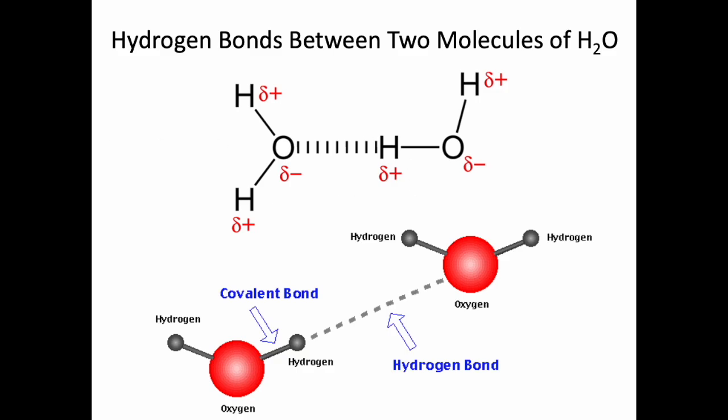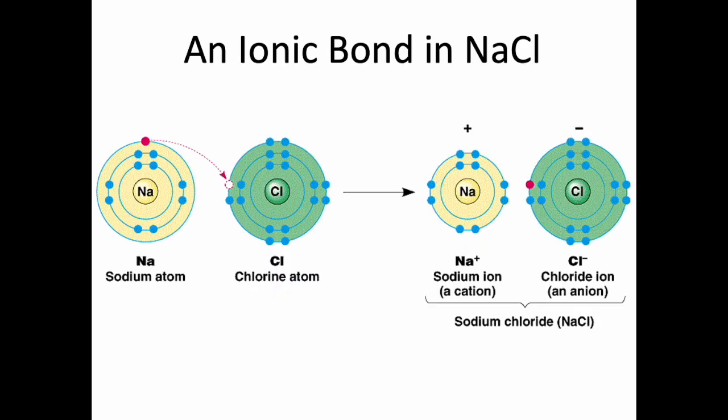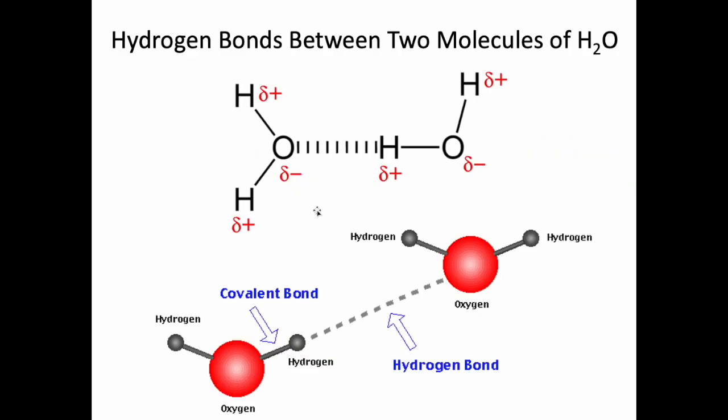So again, fundamental force of the universe, positive is attracted to negative. That's true when we had full charges. That is still going to be true when we're dealing with these partial charges. Here's a partially positively charged hydrogen. It's partially positively charged because the oxygen it's partnered with is hogging the electrons. This partial positive is attracted to this partial negative in the water over here. This right here is the hydrogen bond.